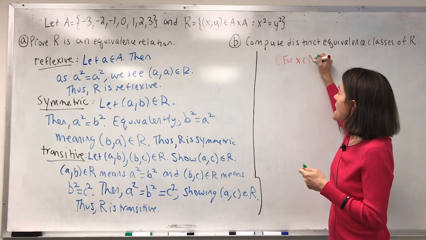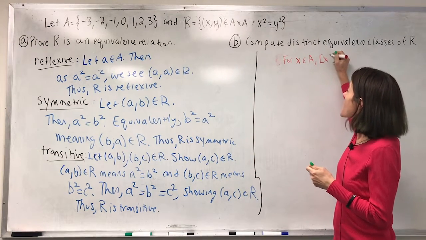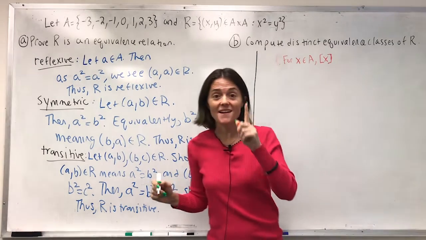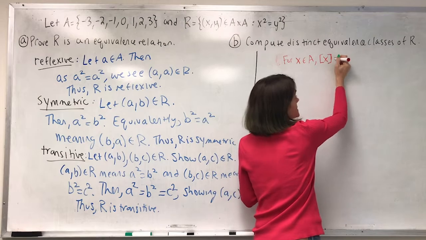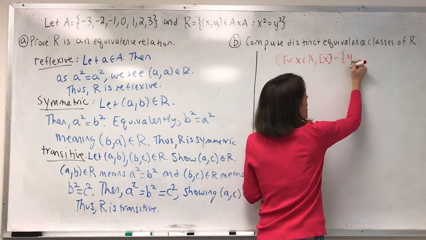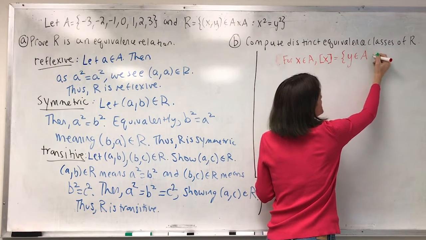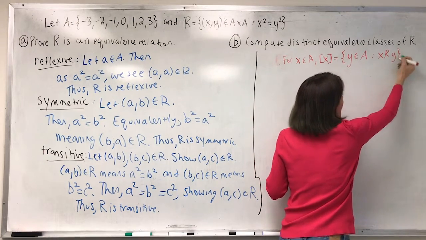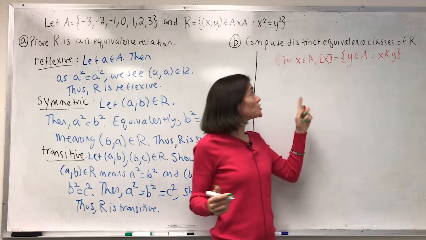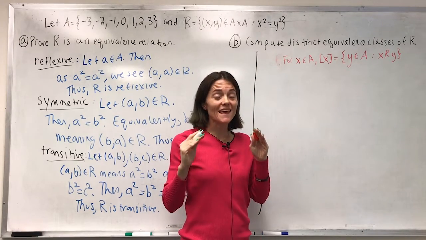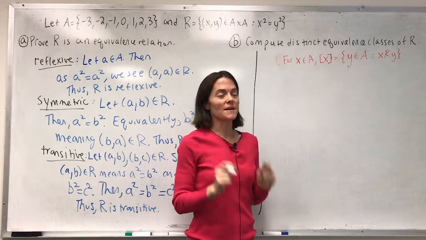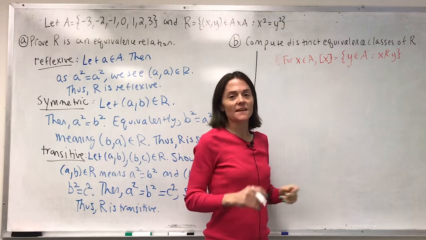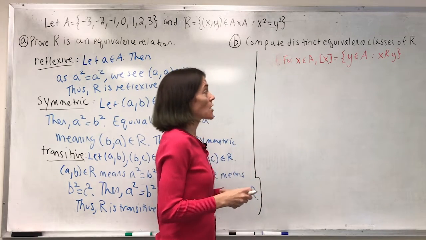For x in A, the class of x is a subset of A, and this consists of all elements, let's say y in A, such that x relates to y. And we know, for instance, that two equivalence classes are either equal or they are disjoint. They're equal provided the representatives are related, and they're disjoint if two different representatives are not related.